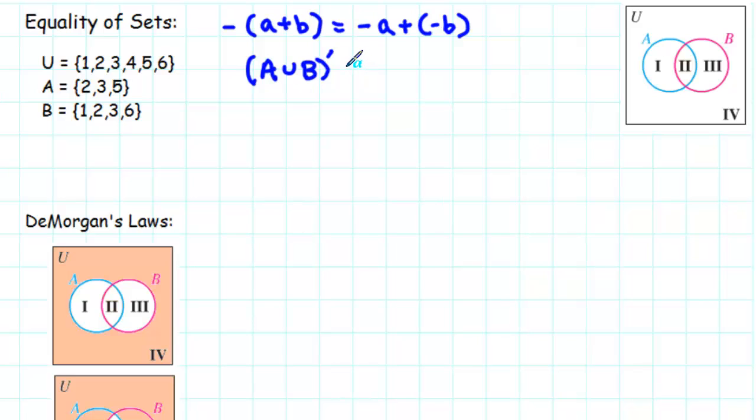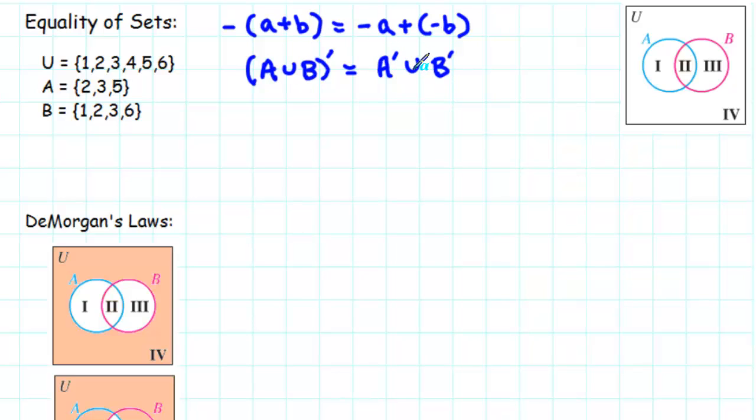Well, using inductive reasoning, we might guess that this would be equal to the complement of A, and then union the complement of B. We're taking, in essence, the opposite of each of the two sets, and then we're keeping the operation inside the same. Here we had plus, we left it a plus. Here we have union, we're leaving it union.